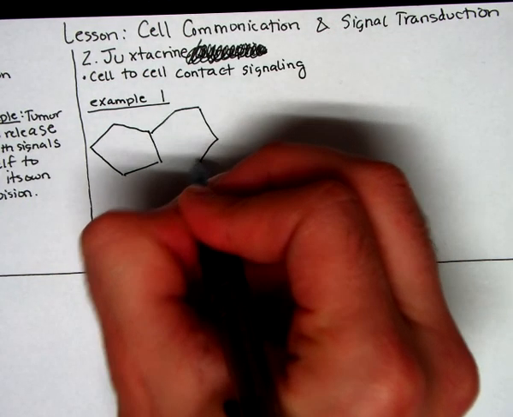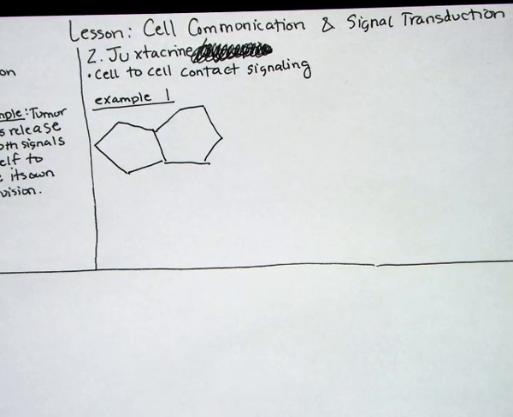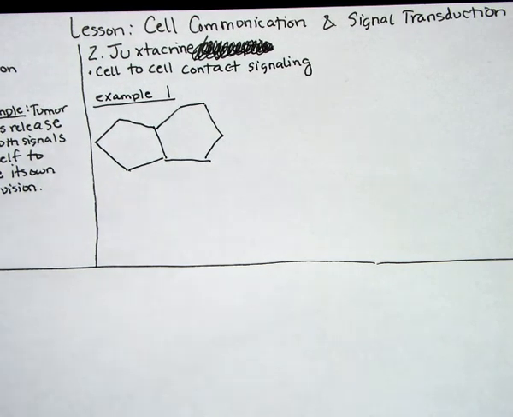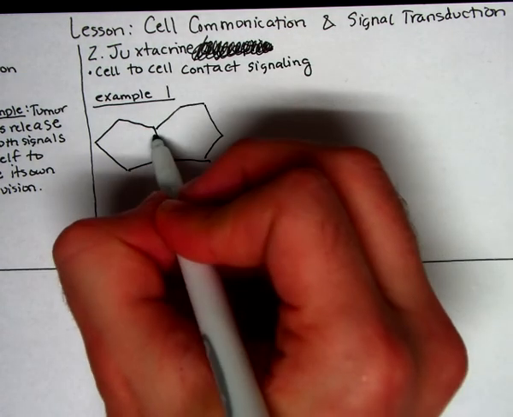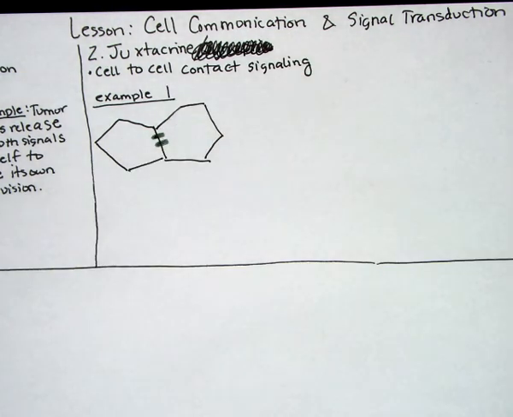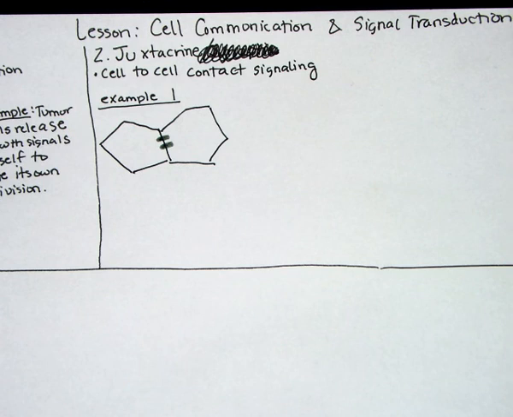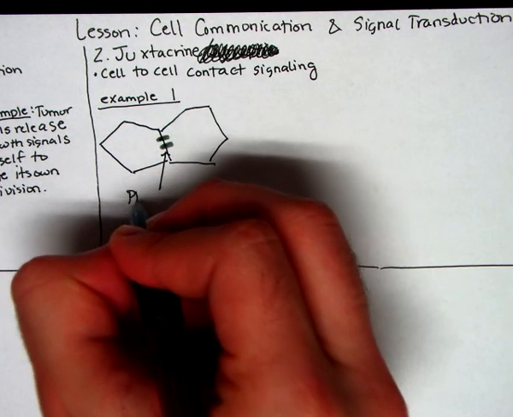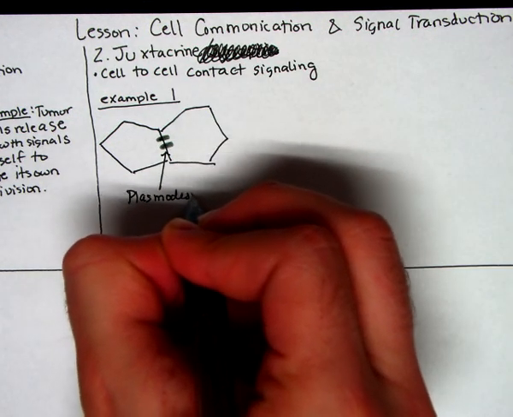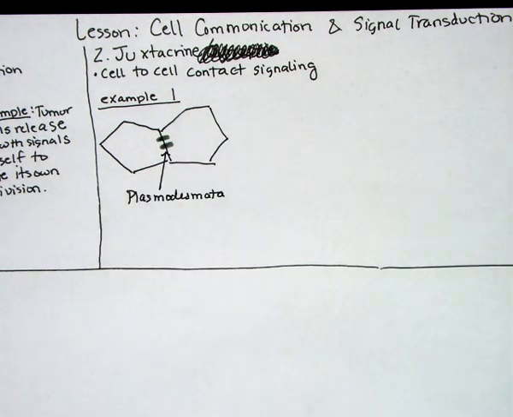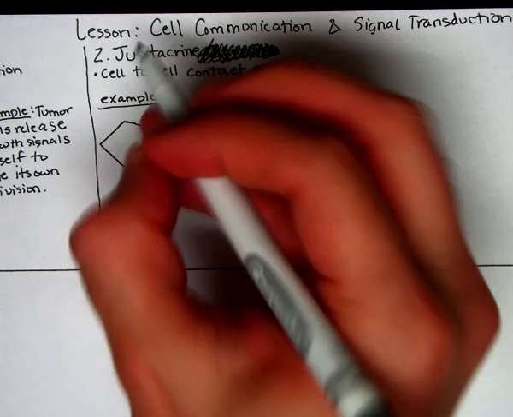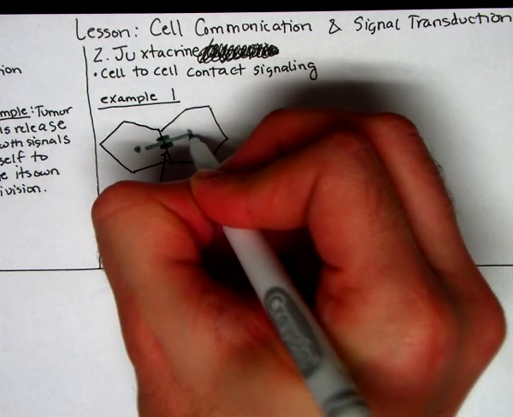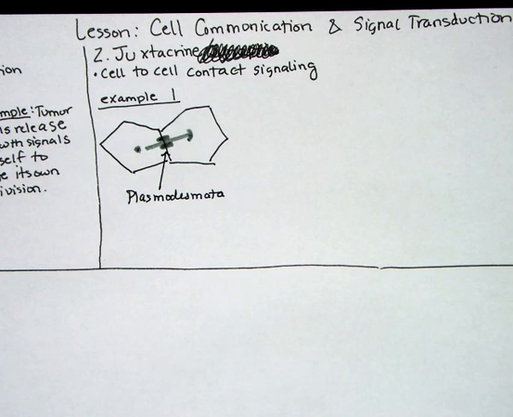occurs in plant cells. So these are two plant cells. And plant cells have these structures connecting cells called plasmodesmata. So those structures, plasmodesmata, their function is to allow signaling to occur between plant cells.